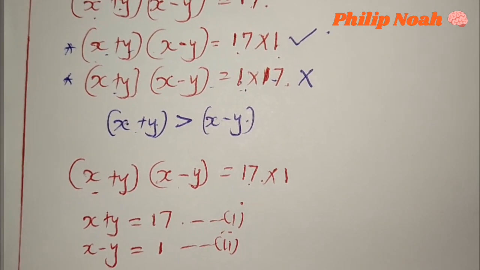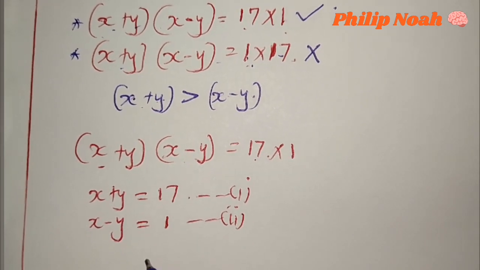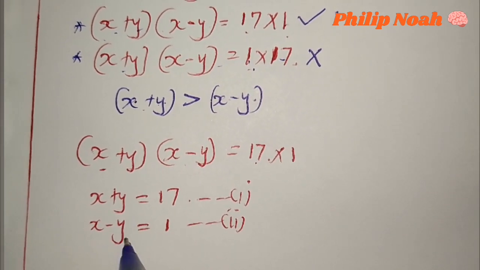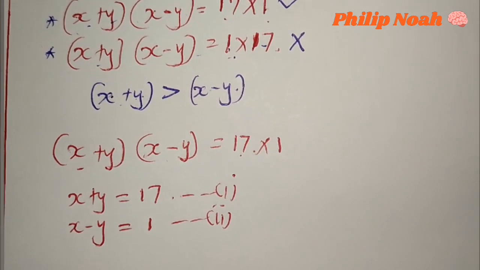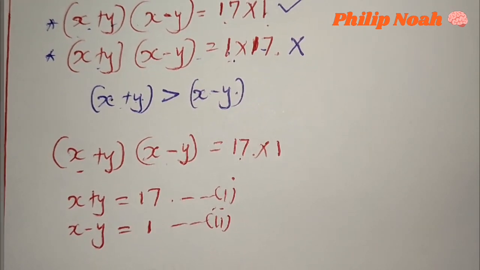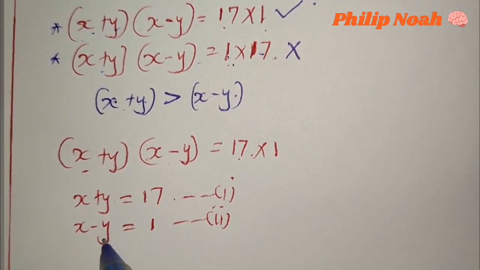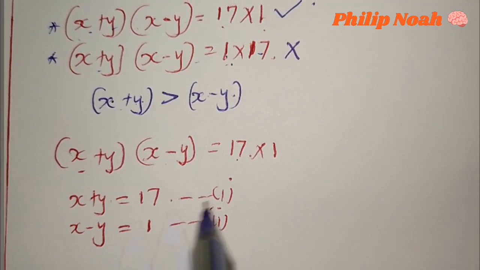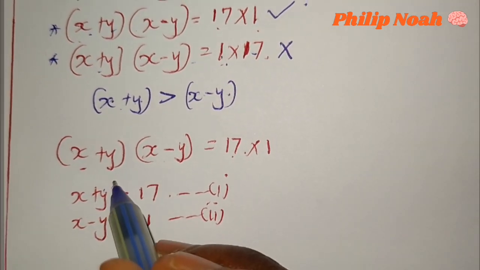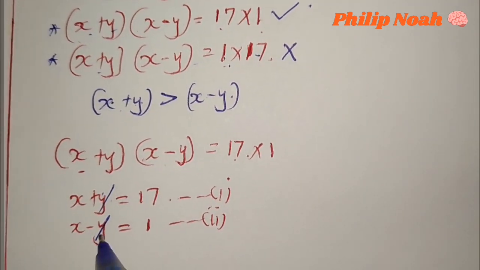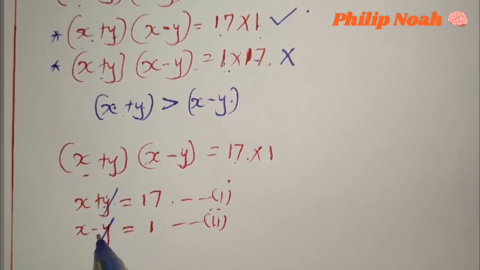Hope you understand, genius. So we shall solve this to find the values of x and y. We can either use substitution or the elimination method. Let me choose the elimination method. We want to eliminate y from the two equations. The sign for y here is positive, here is negative.